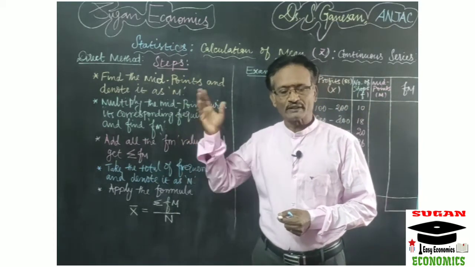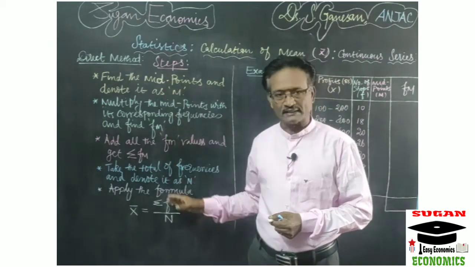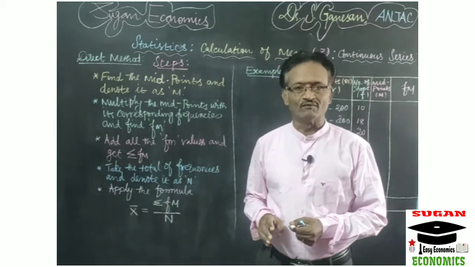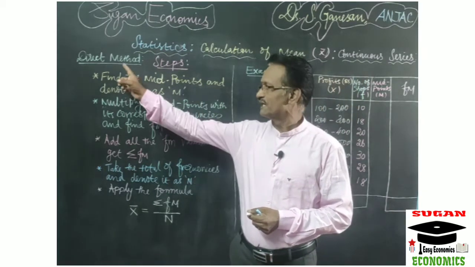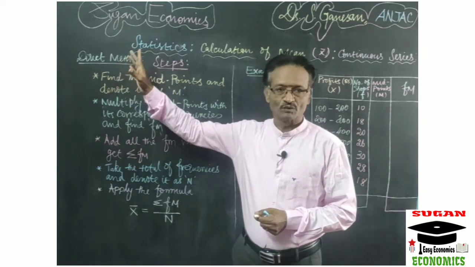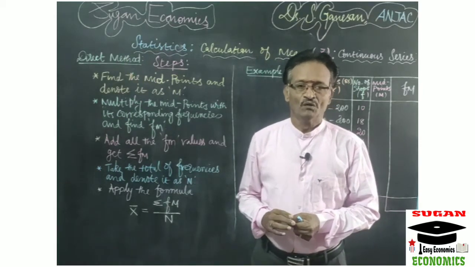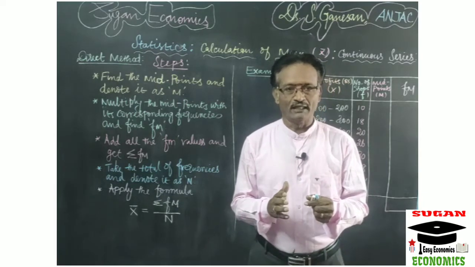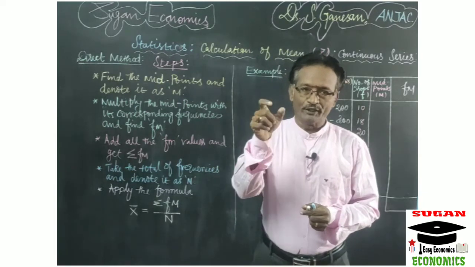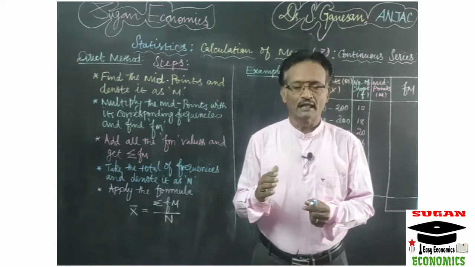Before the calculation work, first we have to understand the steps involved in the calculation of arithmetic mean for continuous series by the direct method. The first step is to calculate the midpoint. I have already said the variables are given as limits, that is, lower and upper limits.